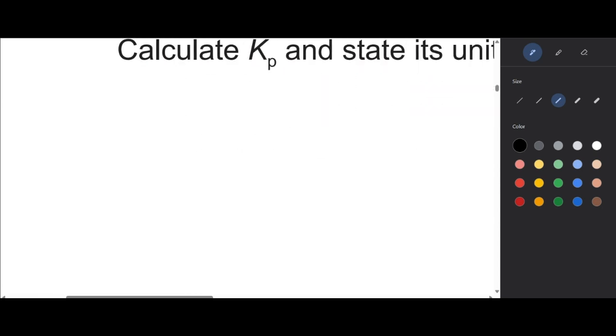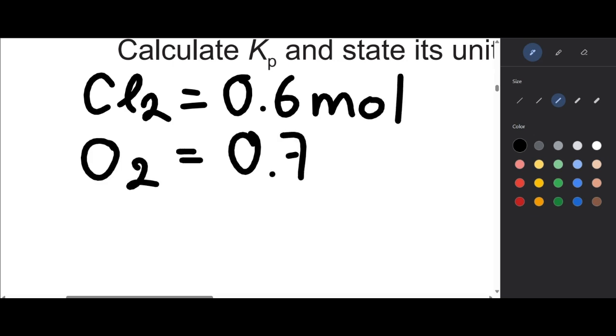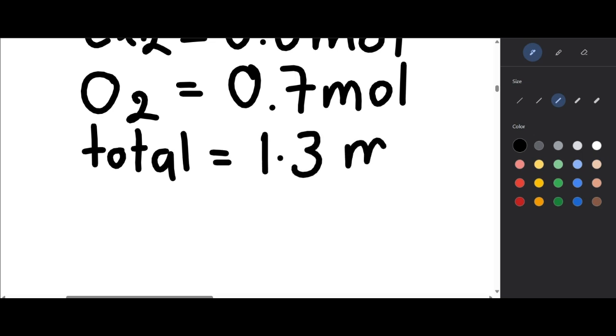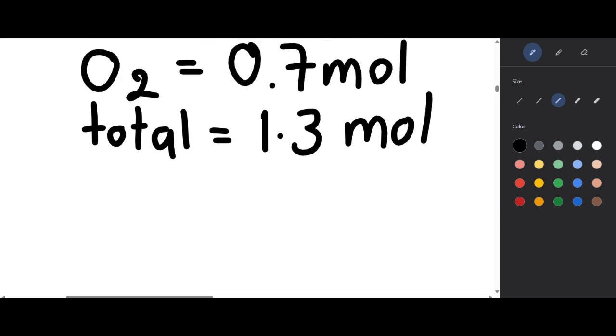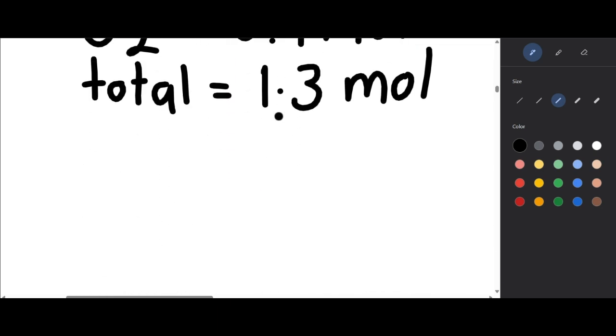So Cl2 is 0.6 mole and O2 is 0.7 mole. And then the total of the mole of the gas is 1.3 mole. The total pressure is given as 1 times 10 to the power of 5.